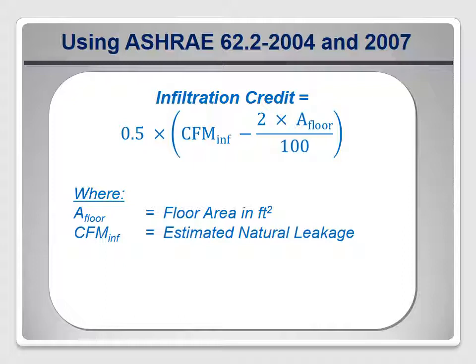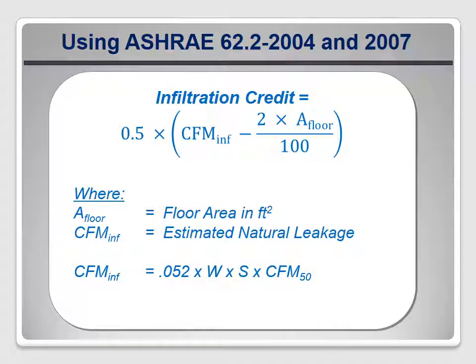We can only claim half of the excess as a credit. The next logical question is, how do we estimate the natural infiltration from the blower door test result? Well, these earlier versions of ASHRAE 62.2 don't include an equation. They reference ASHRAE Standard 136 for the calculations, which is just about as convoluted as the ASTM standard referenced by 62.2 2013. But again, the industry adopted a simplified calculation that looks the same as the one used for the 2013 version.